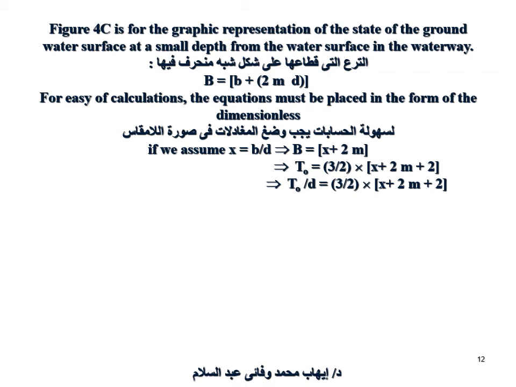For easy calculations, the equations must be placed in dimensionless form. Usually we use dimensionless: T naught over D equals 1.5 multiplied by (X plus 2M plus 2).